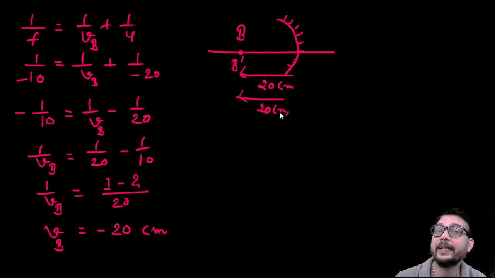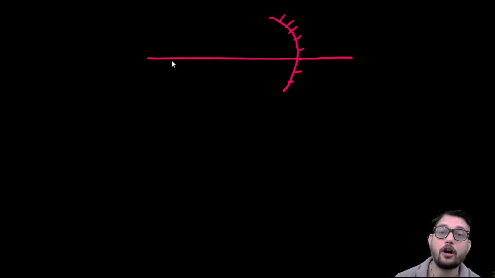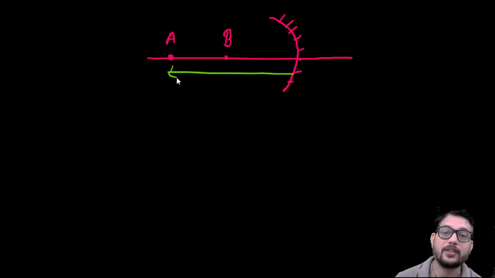So finally we get a result. What is the result? You have a mirror like this, and an object having points A and B. Point A is 30 centimeter apart, point B is 20 centimeter apart.